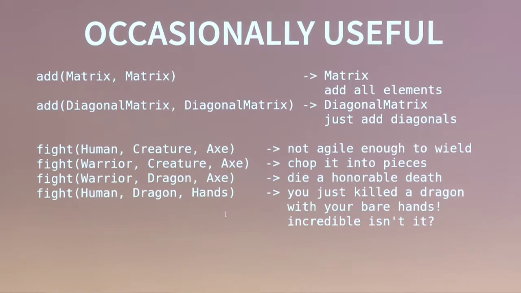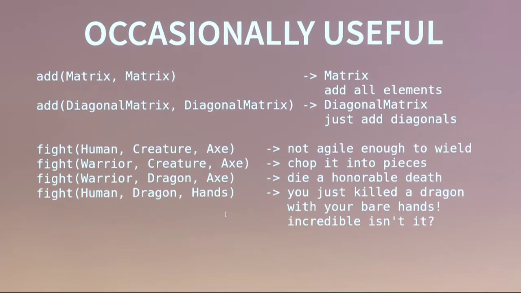But I've been told that multi-methods are often used in games. One of the major languages for writing text-based games, called TADS, supports multi-methods natively. So here's a little example that all the people will recognize. Here we have a multi-method with three virtual arguments, character, creature, and device. And we have a series of overloads. Fight human, creature, axe. In that case, we say, oh no, a mere human cannot wield an axe.